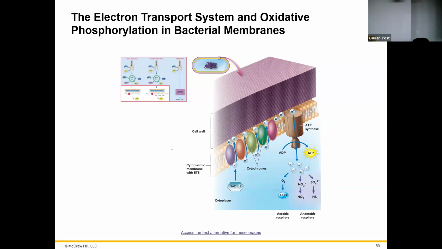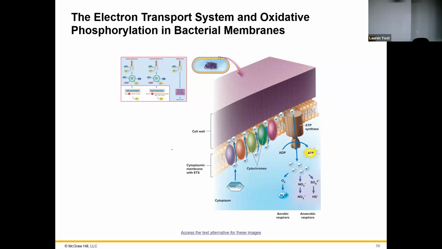Okay, we have our NADH. That's going to become NAD plus H plus, which will be reused later. And you're like, wait, they're both positive though. Yeah.